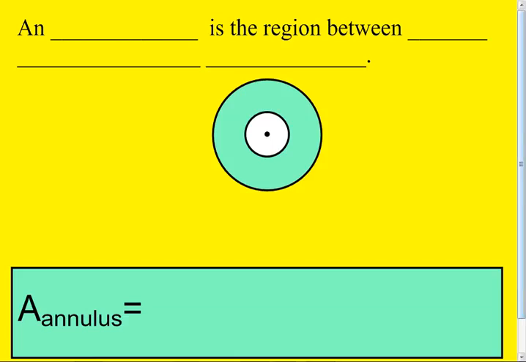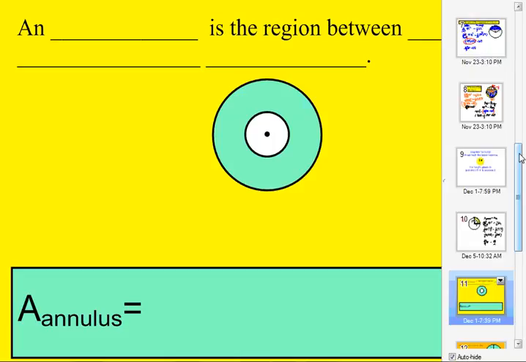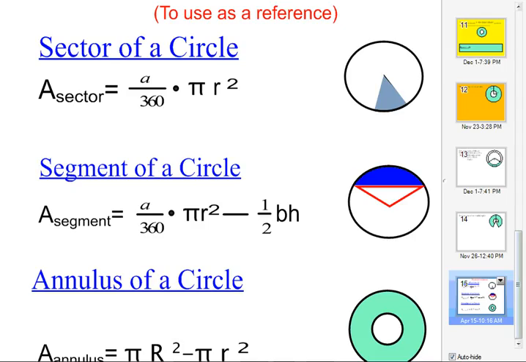So you have to go to the very last slide. Right there. Okay? There's your formulas that you're going to get on your test. You guys see that? Those are your formulas. I wrote them all out.